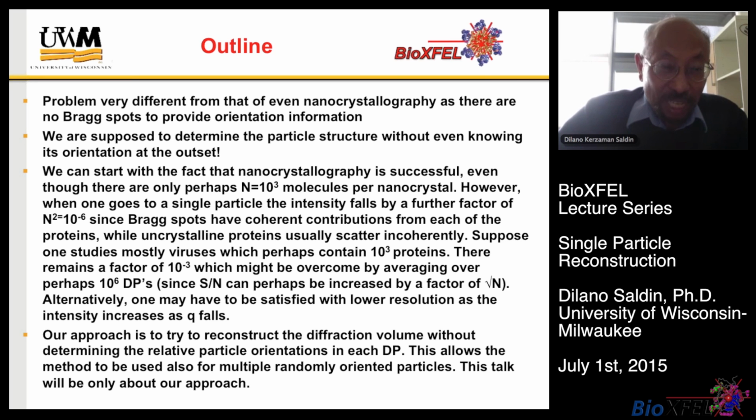And when one goes from there to a single particle, the intensity falls by a further factor of n squared, which is 10 to the minus 6. This is basically because the Bragg reflections go up in intensity as n squared, whereas for a single molecule, the intensities are essentially incoherent, and therefore it falls by a further factor of 10 to the minus 6.